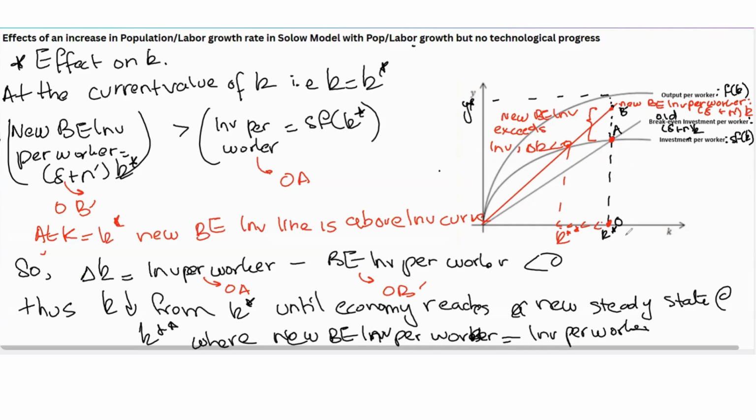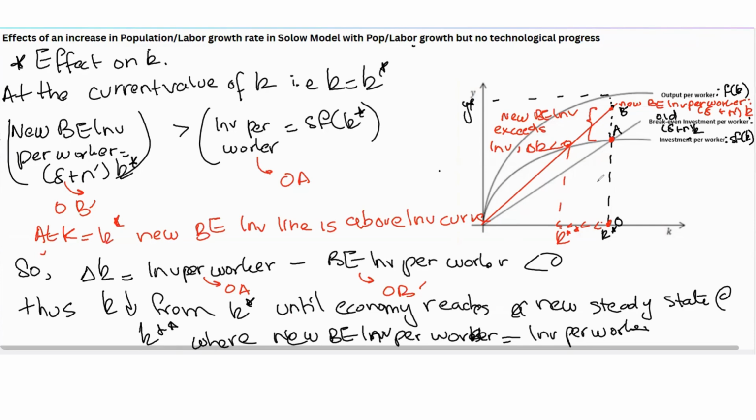As a result, at the initial value of k, which is the steady state value, break-even investment per worker exceeds investment per worker by this amount. This is the change in capital per worker, which is negative, and it causes capital per worker to go down until you reach the new steady state at k double star, where the new break-even investment per worker is equal to investment per worker.